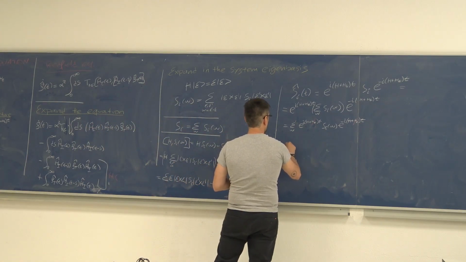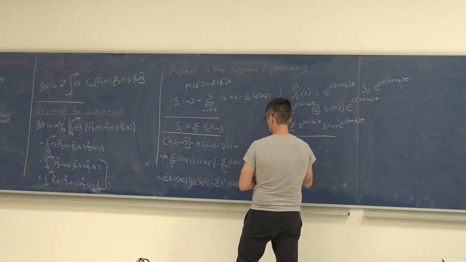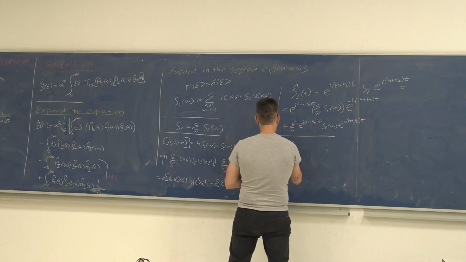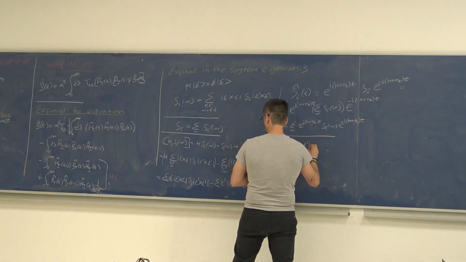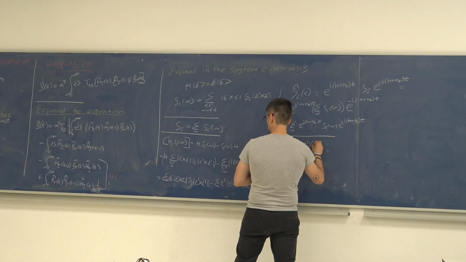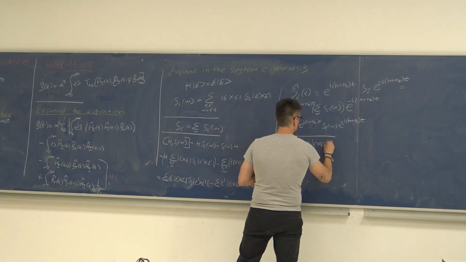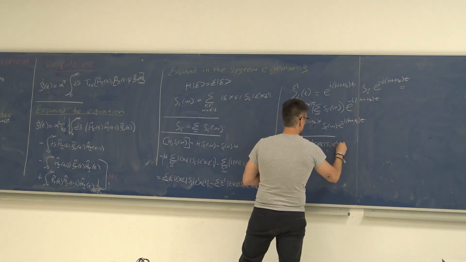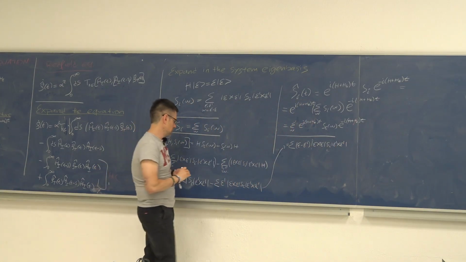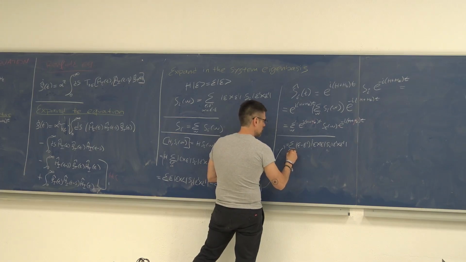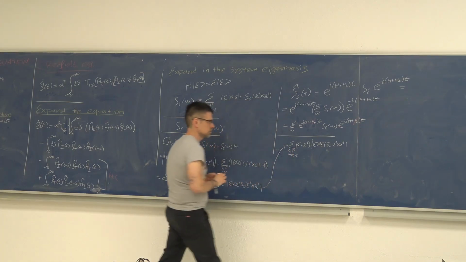Let's take it here and then I copy just the commutation relations. This will be the summation of epsilon minus epsilon prime of epsilon SI epsilon prime. And we are summing over epsilon and epsilon prime such that omega is equal to epsilon prime minus epsilon. Okay?